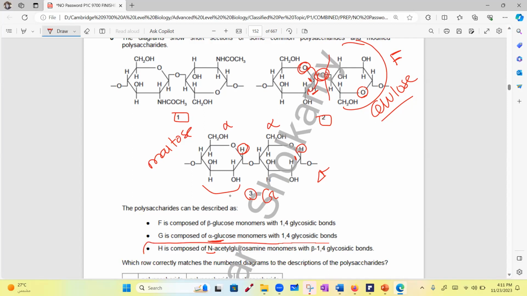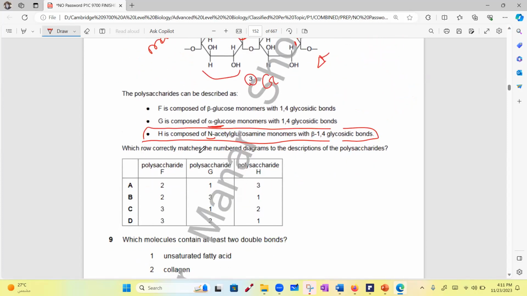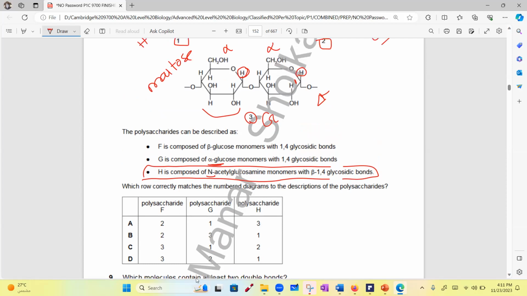Of course, this is what we did not take, the strange compound to us. 1 will be H. Do you all agree? So what will be the answer? Which row correctly matches the numbered diagrams to the descriptions of the polysaccharides? B. Yes, correct, B.